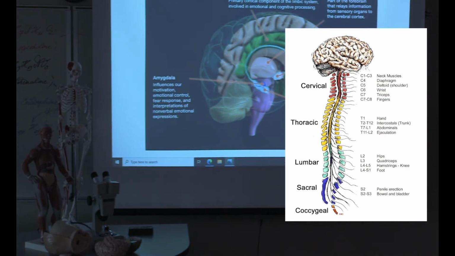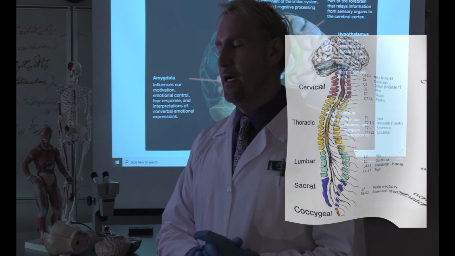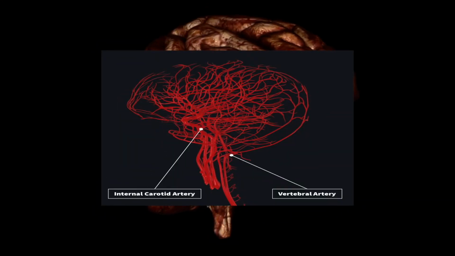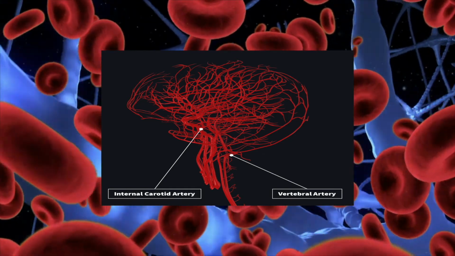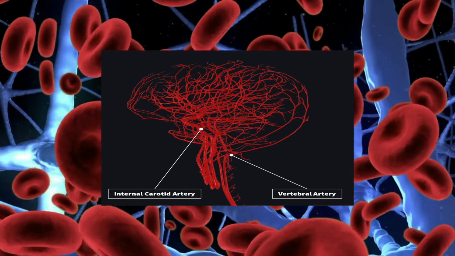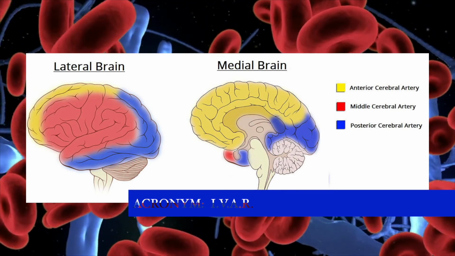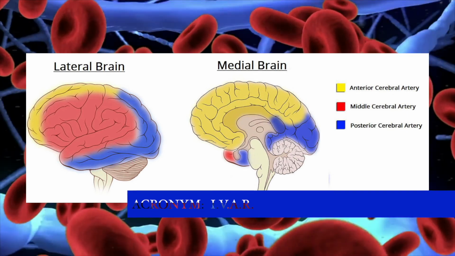So after this brief examination of the spinal cord, we will move on to the blood supply of the brain. And for this course, I don't really expect students to remember all the details about the blood supply to the brain. For now, it will be enough to remember the common acronym I.V.A.R, to identify the four main arteries supplying the brain.